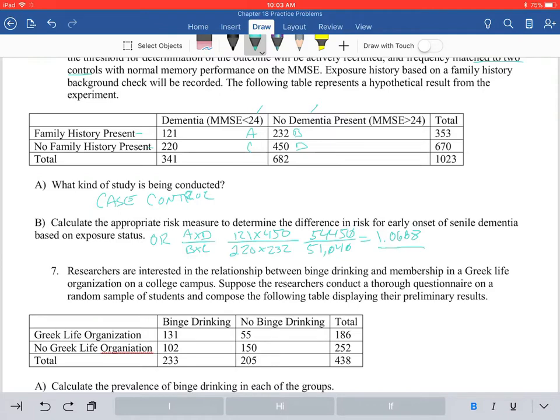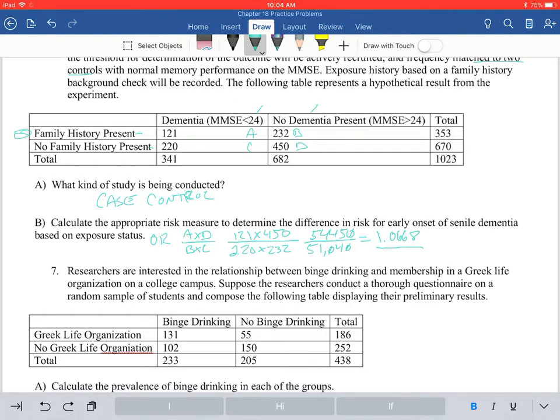So what does this tell us when you have an odds ratio? I'll be doing this throughout the next couple of questions. You have an odds ratio of 1.0668. Let me erase that and make it a little bit better. What is it saying?